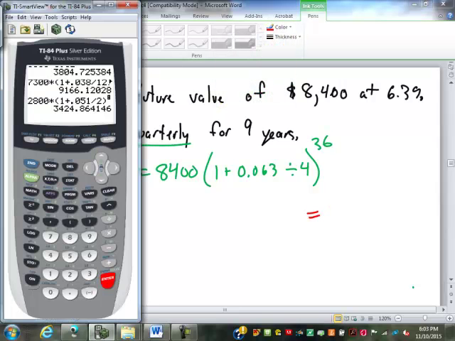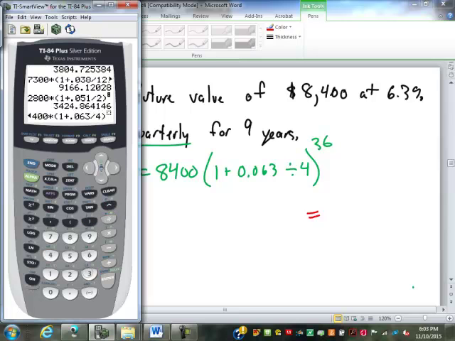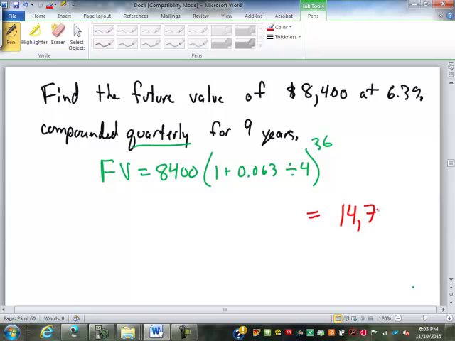So, 8,400 times, parentheses, 1 plus 0.063 divided by 4, close parentheses, power of 36. So 14,743.66. $14,743.66. How many of you had that? Just a few? That's not terrible. Anybody have any questions on how that works?